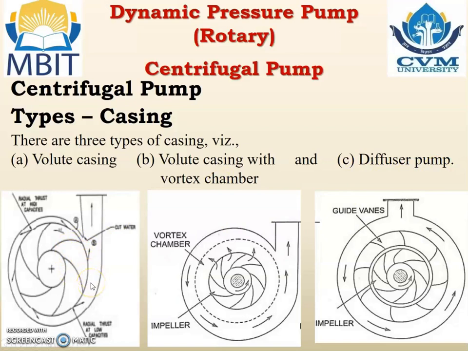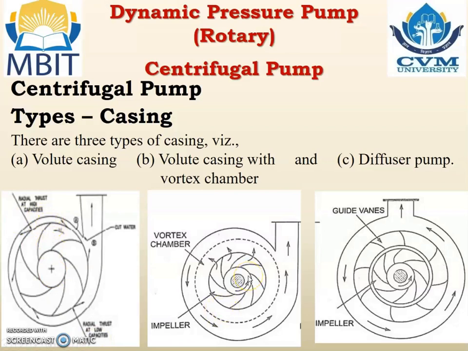And if it is coming out at very high velocity, there is no space at the impeller, because initially the space is less, and so there is a disorderness. Due to the disorderness of the liquid, less water is lifted, or you can say the kinetic energy of water is consumed in overcoming the disorderness.